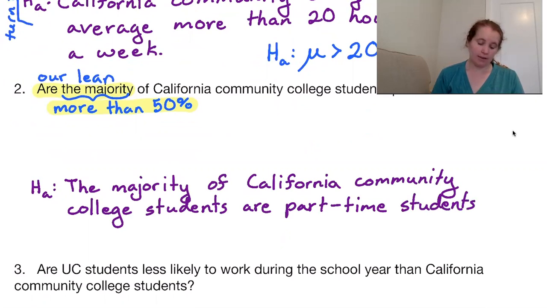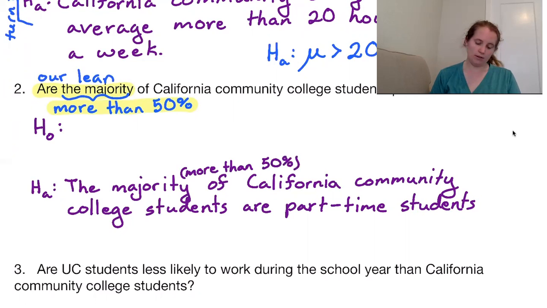Our null hypothesis, we take that same statement and we switch it to equality. So again, majority is more than 50%. So more than 50% of California community college students are part-time students.